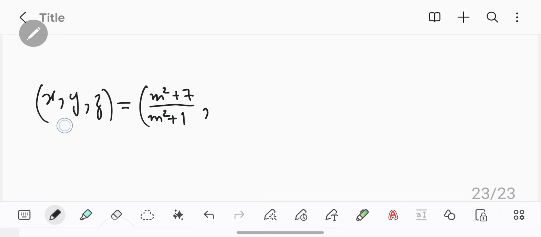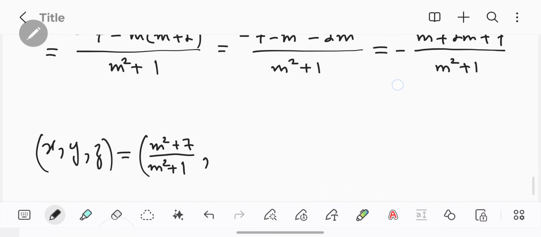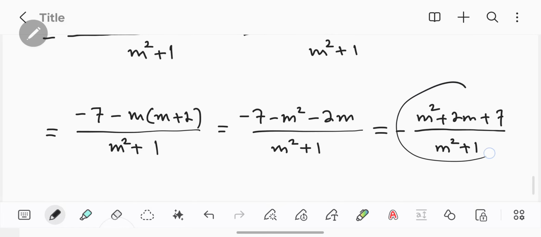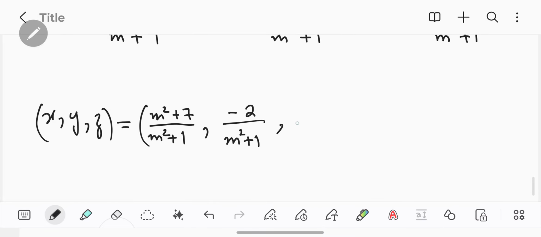The value of y, which we have found here, is minus 2 over m squared plus 1. And the value of z, which we have found here, is negative m squared plus 2m plus 7 over m squared plus 1.